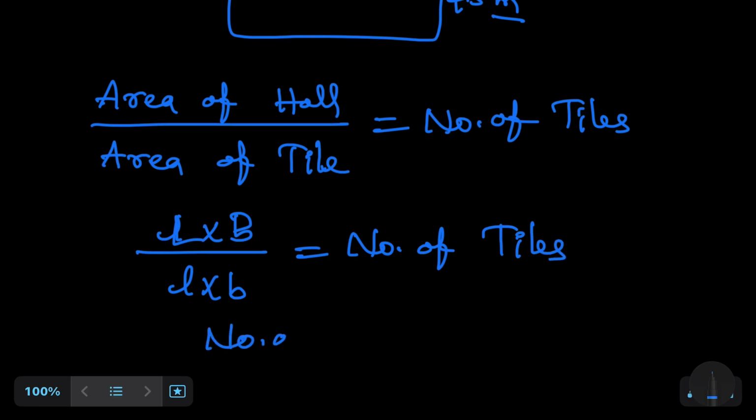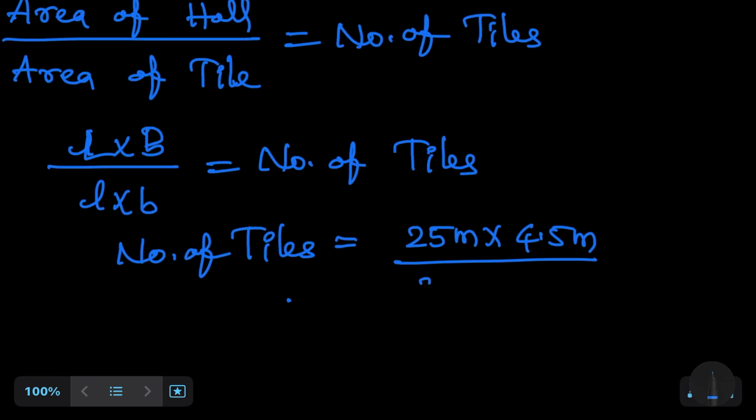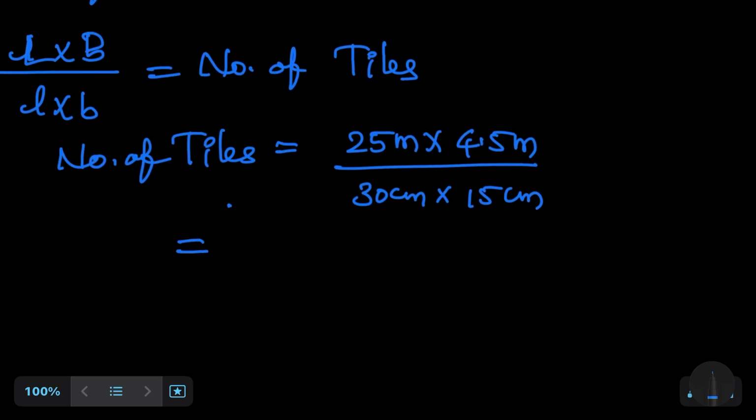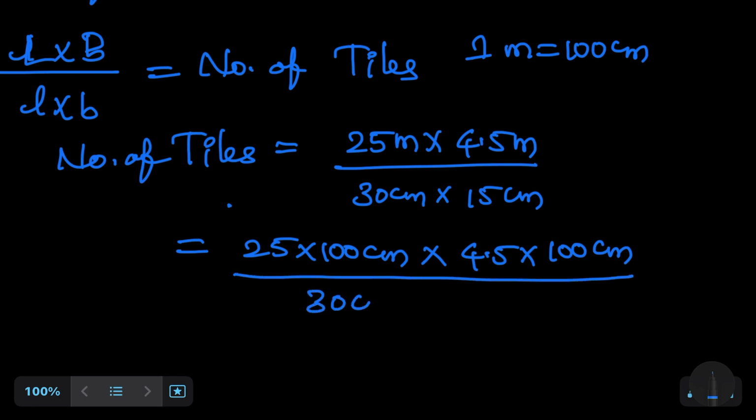So number of tiles equal to hall area, 25 meters into 4.5 meters, by tile area, 30 centimeters by 15 centimeters. Okay, meters can be converted into centimeters. 25 into 100 centimeters, 1 meter equal to 100 centimeters, into 4.5 into 100 centimeters, by 30 centimeters into 15 centimeters.